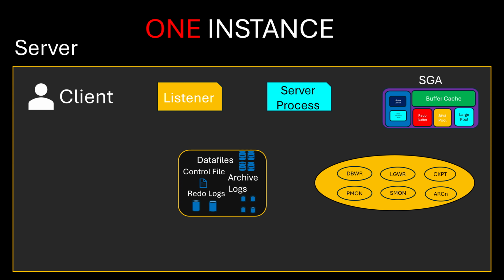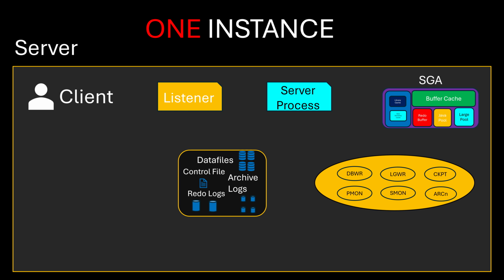These redo records are stored in the redo buffer. Logwriter then writes these redo records into online redo logs. This is one of the most important principles in Oracle. Redo is written first. Data files are written later.